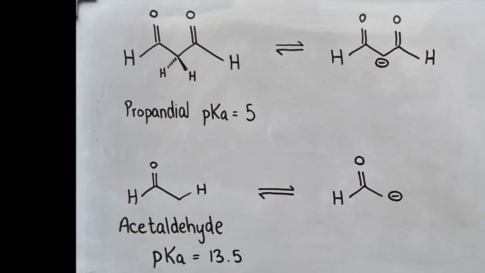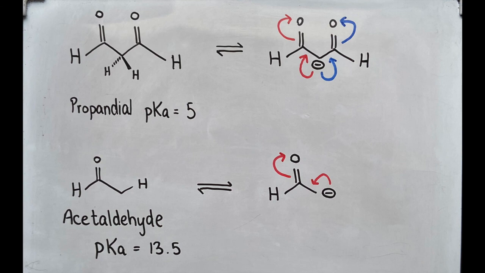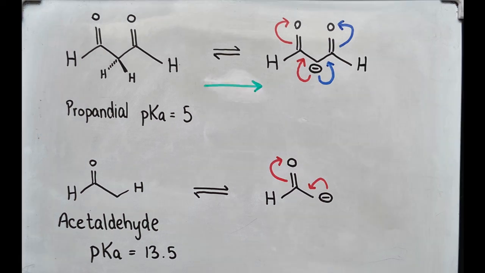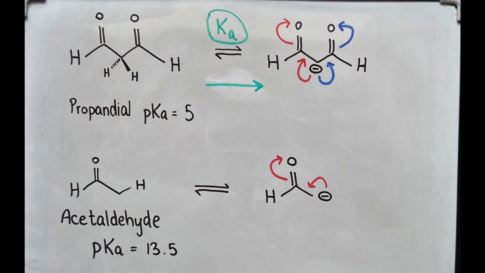How can we explain this? Consider their conjugate bases. The negative charge in propanedial's conjugate base can be delocalized in two directions. This makes it far more stable than the acetaldehyde conjugate base. So the equilibrium will be pushed further to the right-hand side. The Ka will be higher, so the pKa will be lower.